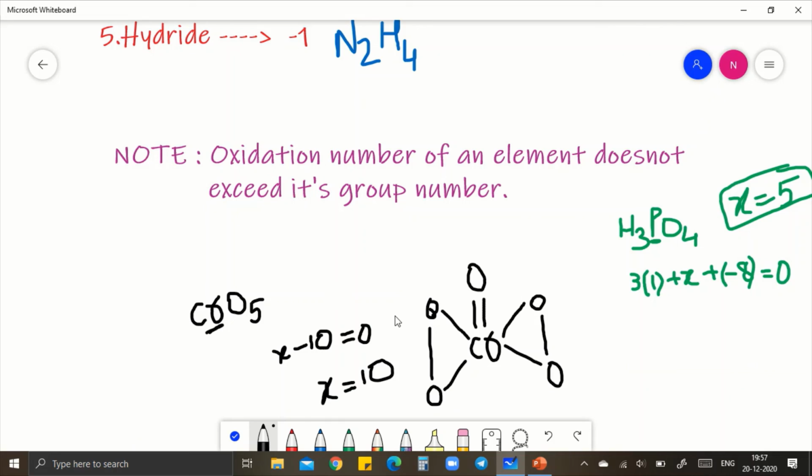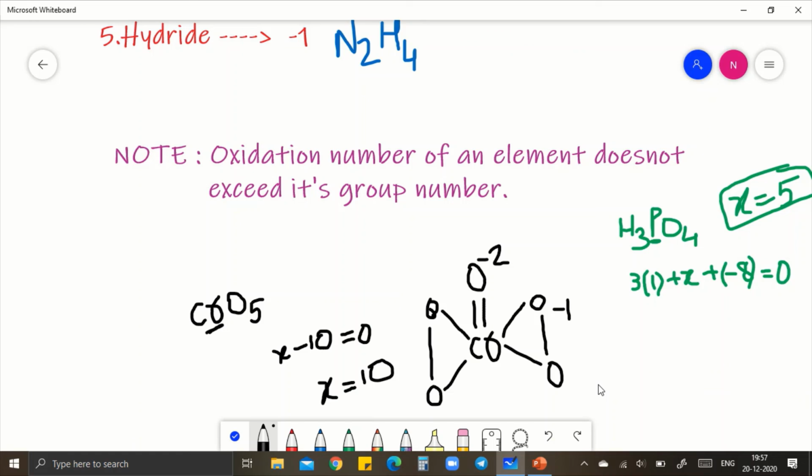There are 5 oxygens. I discussed earlier that if the bond exists like this, oxygen side by side, then this bond is called a peroxy bond. In that case, oxygen exhibits -1 oxidation state, not -2. So except this oxygen, every oxygen here exhibits -1, and for this one it is -2.